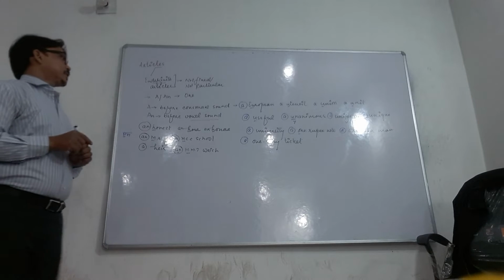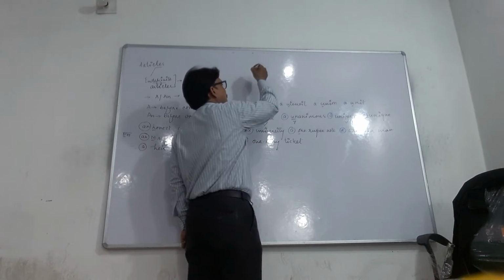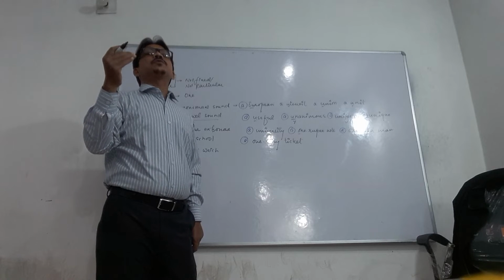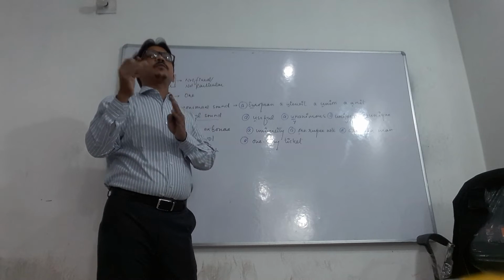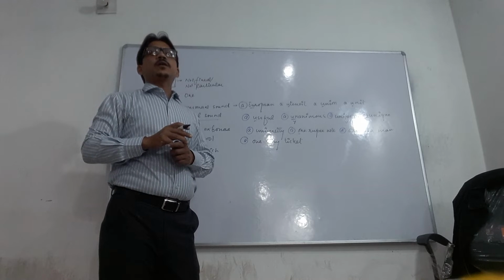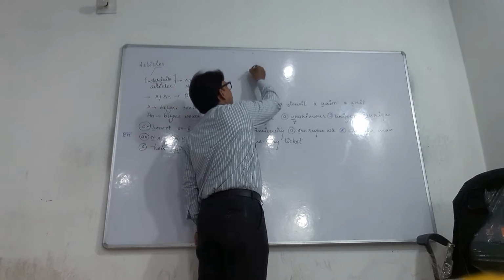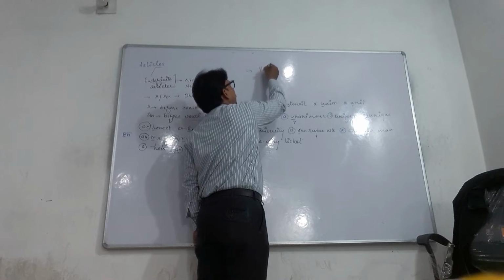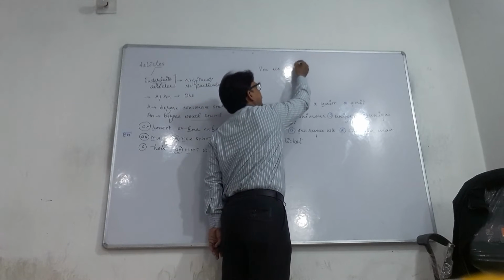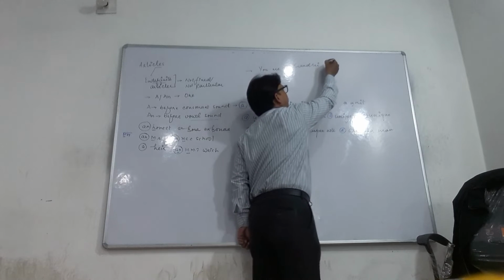Now we learn the second rule: when a proper noun is used as a common noun, we use a or an before that proper noun. Suppose I give you an example: Sir, you are a Gandhi of our class.